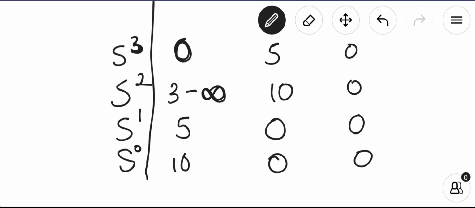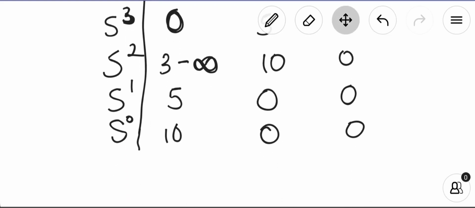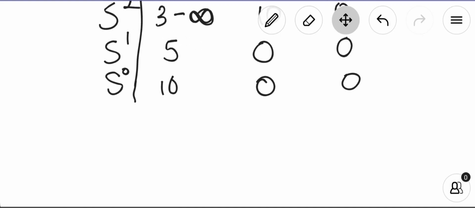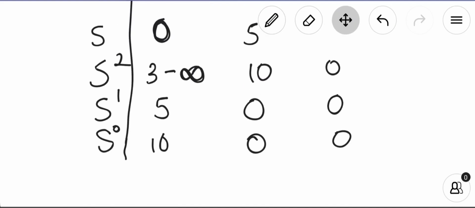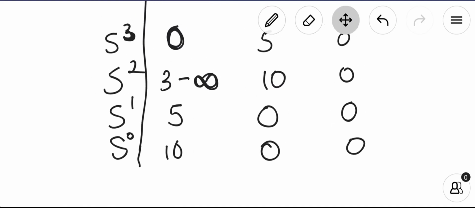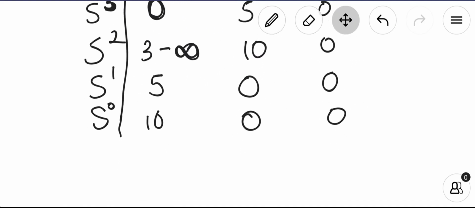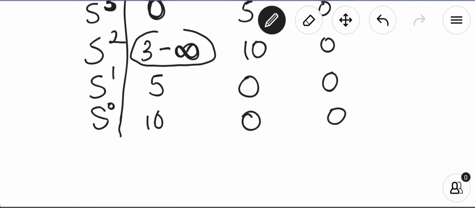So now we can see that from here 3 minus infinity will give you a negative value, because infinity is a very large number. So there will definitely be a sign change in the first column, from the s squared row.